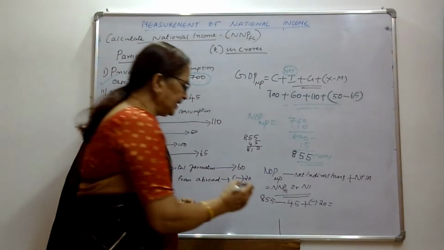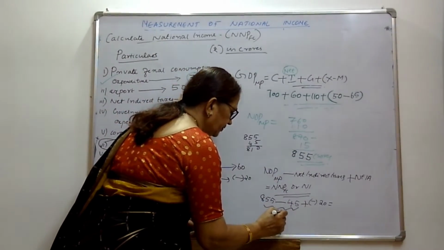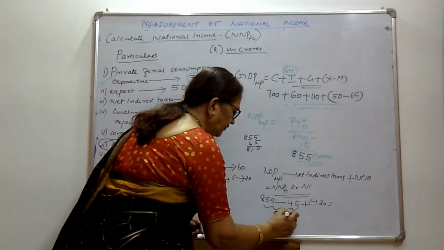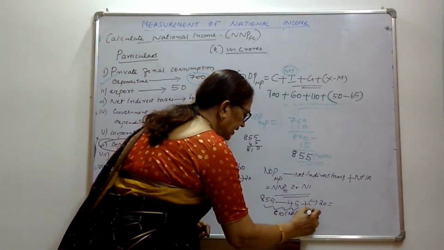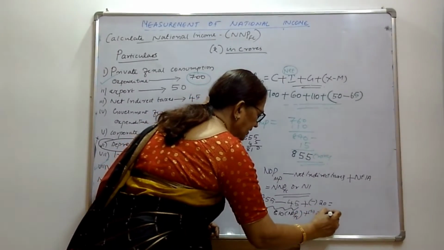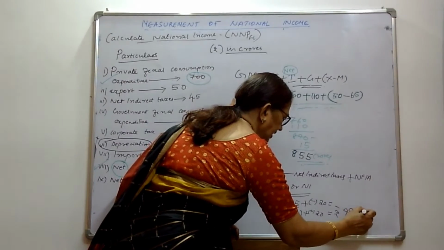So 810 is the domestic income, that is NDP at factor cost. Plus negative 20, meaning we deduct the NFIA. What is the answer? 790 crores.